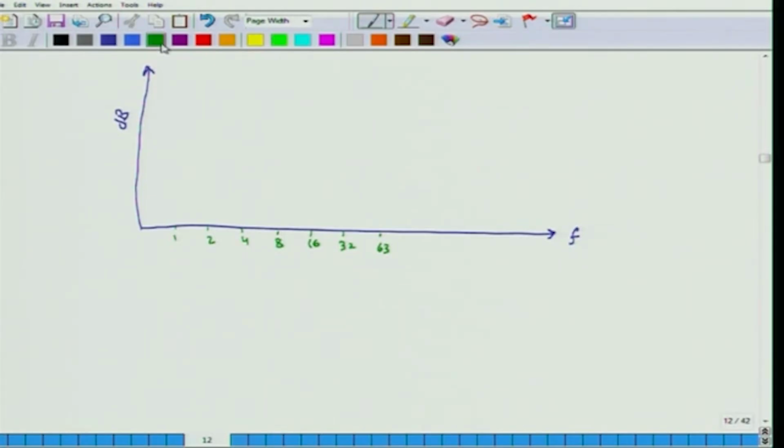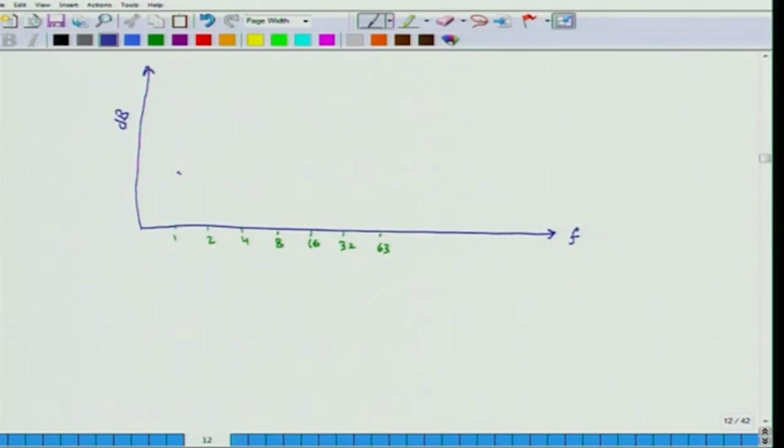And then whatever is the SPL corresponding to these frequencies. Now this SPL is not the value of pressure at that particular frequency, but it is the pressure due to all the energy which is contained in this octave band corresponding to 1 Hertz band.